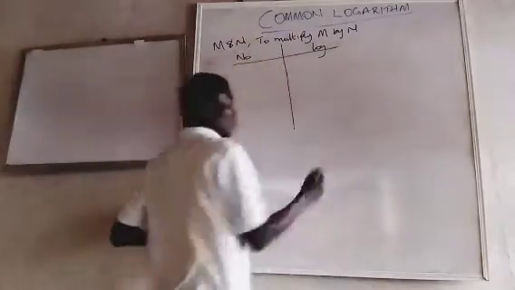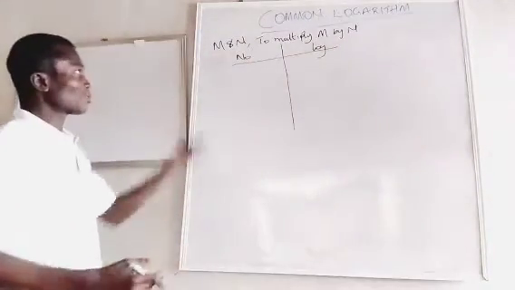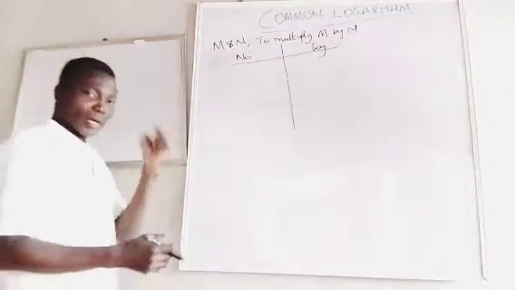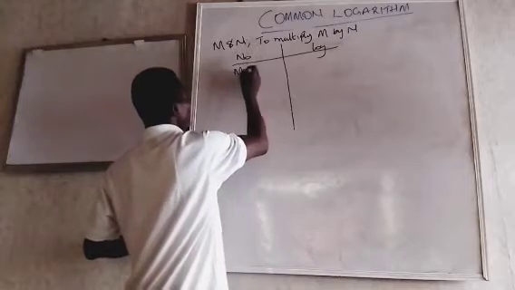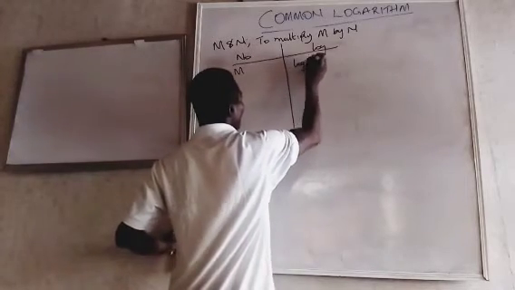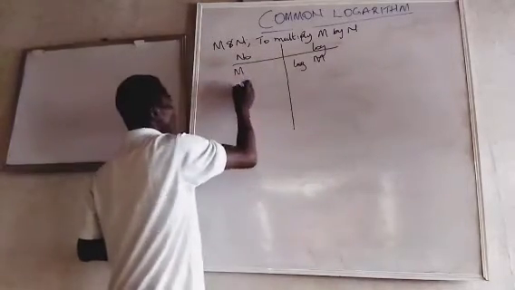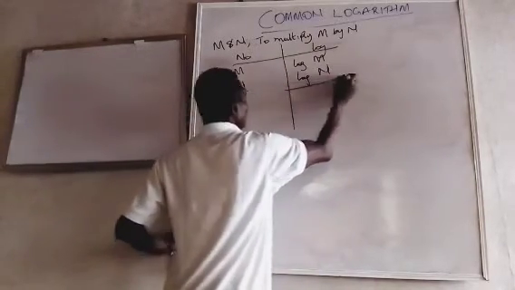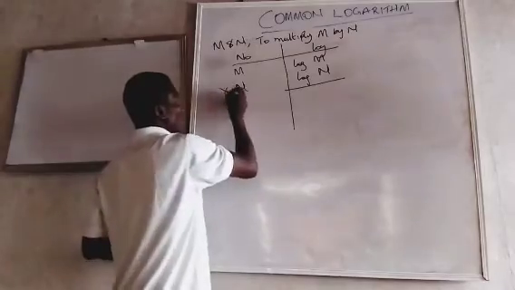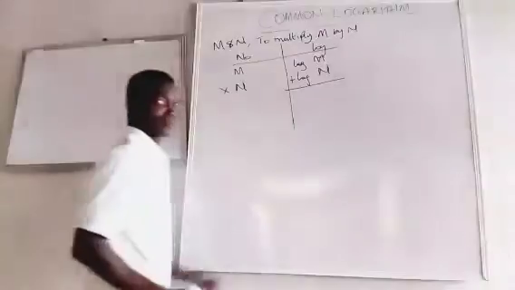From the rules of logarithm, we know that when we multiply two numbers, we are going to add the logs. So we are going to find the log of n, the log of n, and then to multiply, we are going to add them.